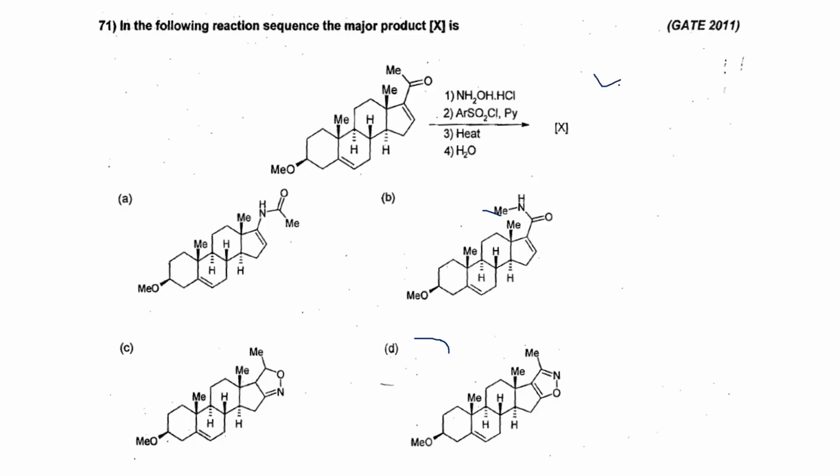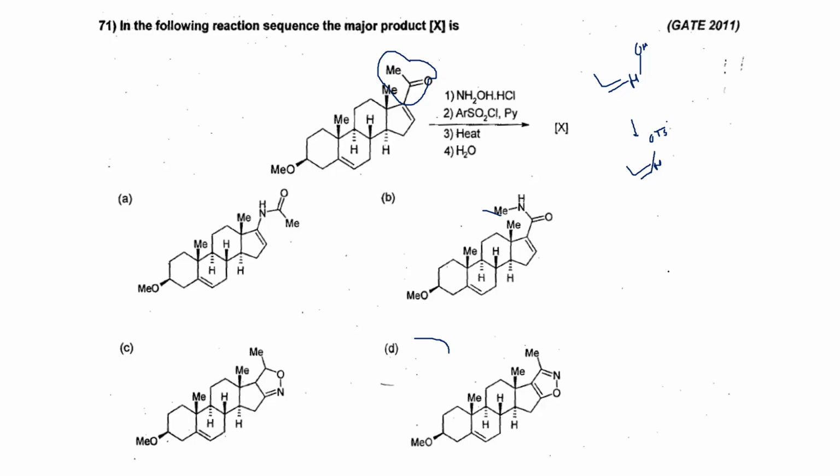It will form this type of NOH. After that, if you add tosyl chloride, this will be tosylated. The other part will be just intact, only this part is reacting.